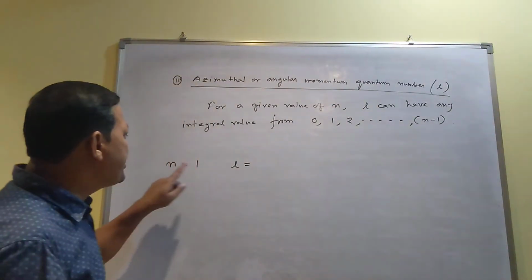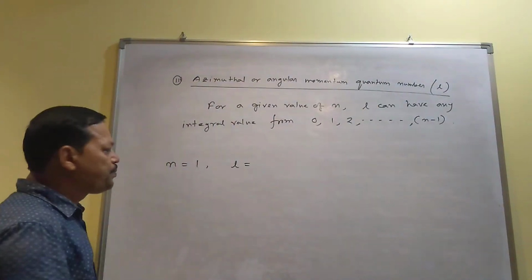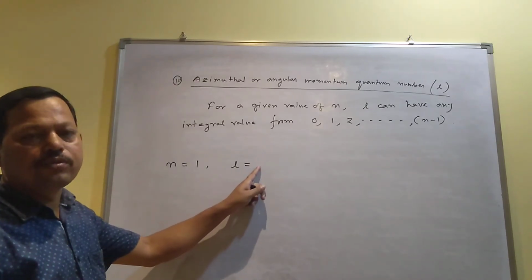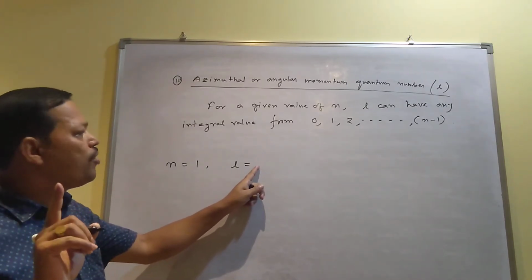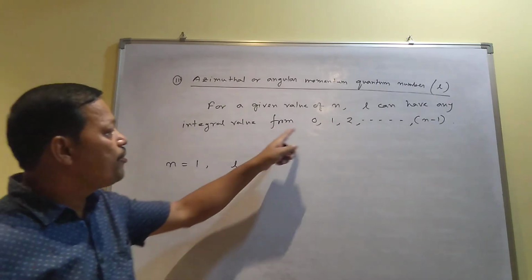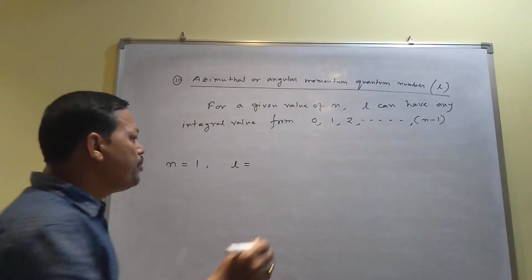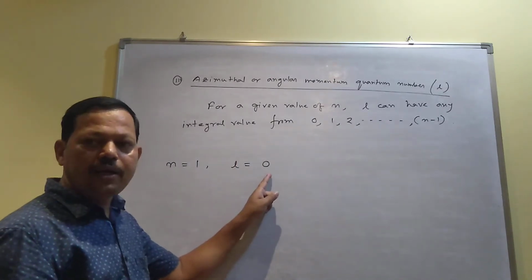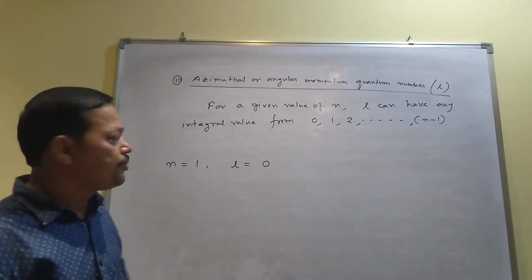So first, n equal to 1, first cell. If n equals 1, you will get 1 value of L, and that value starts from 0. 1 value means the value should be 0.